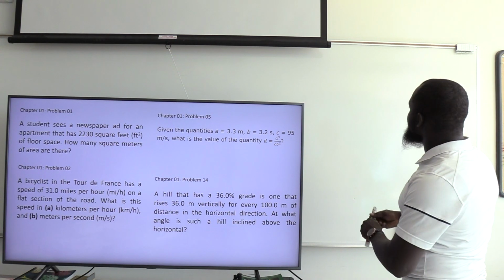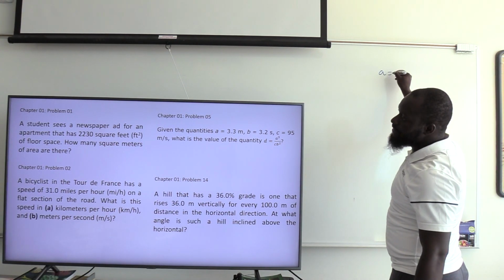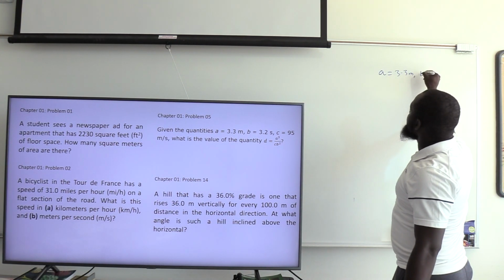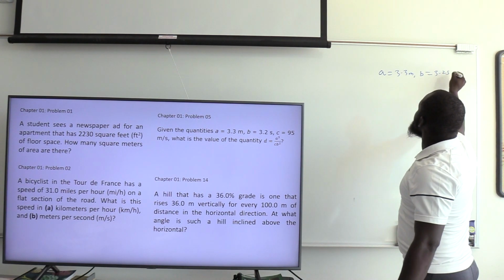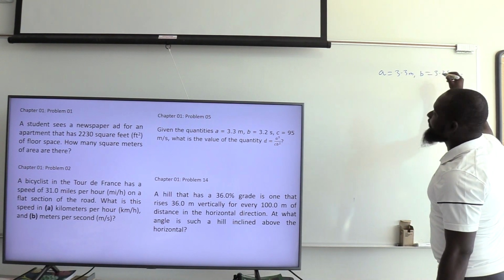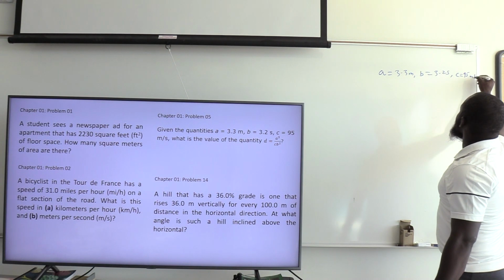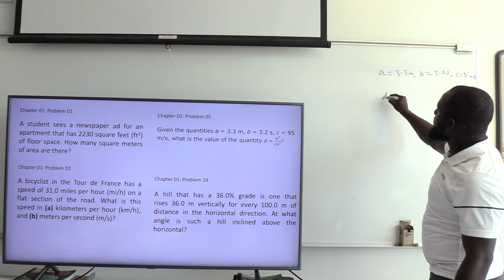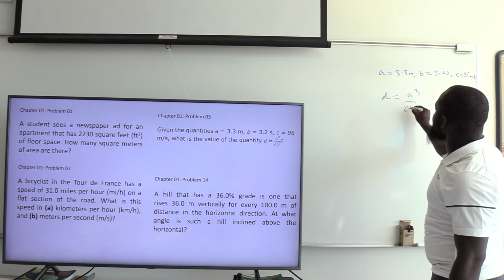A is 3.3 meters, B is 3.2 seconds, and C is 95 meters per second. So beware of the units, okay? We're looking for D, which is A cubed over CB squared.